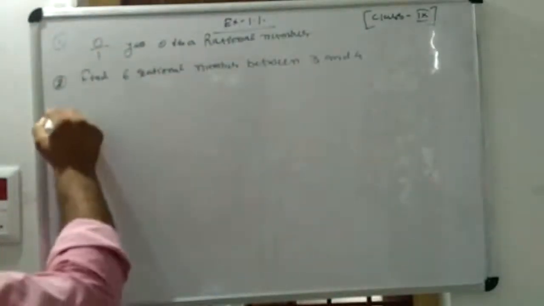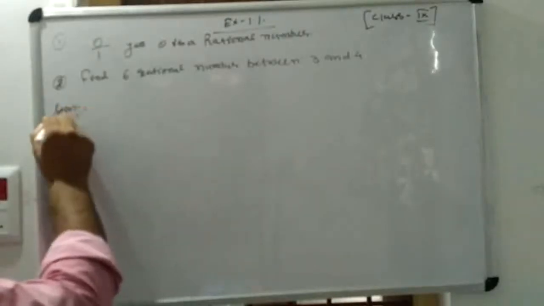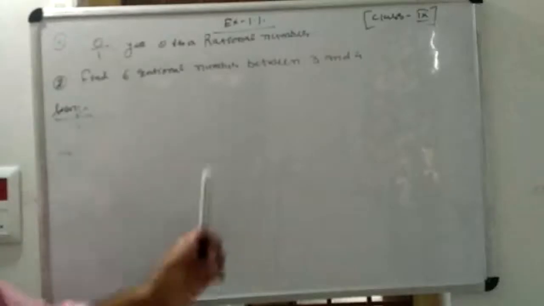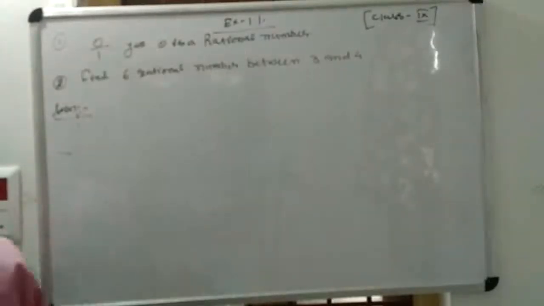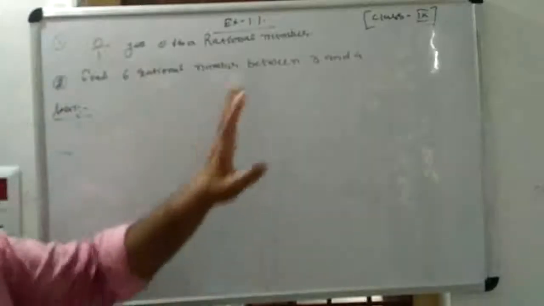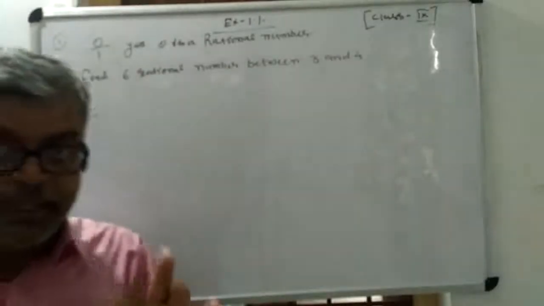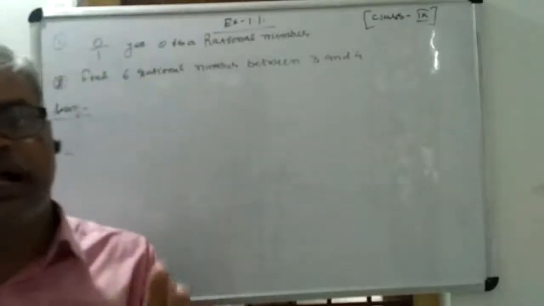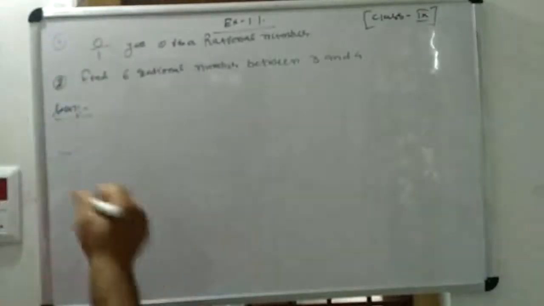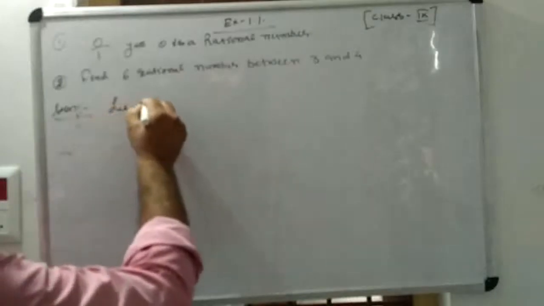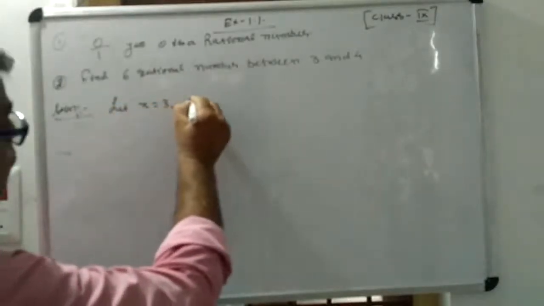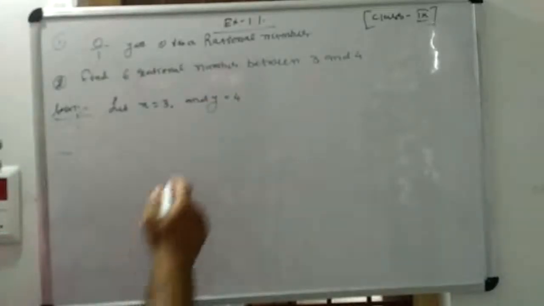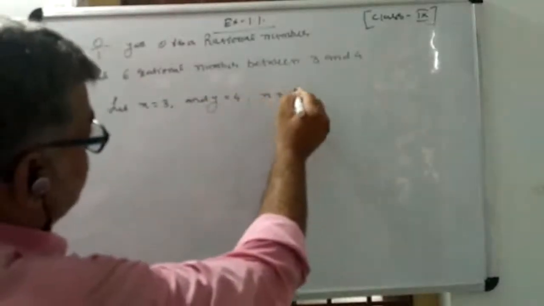So the solution of this question is what? We have to find 6 rational numbers between 3 and 4. When two numbers are given, you assume the smaller number as x and the larger number as y. So here let x equals 3 and y equals 4. And how many numbers are to be found? That will be n equals 6.